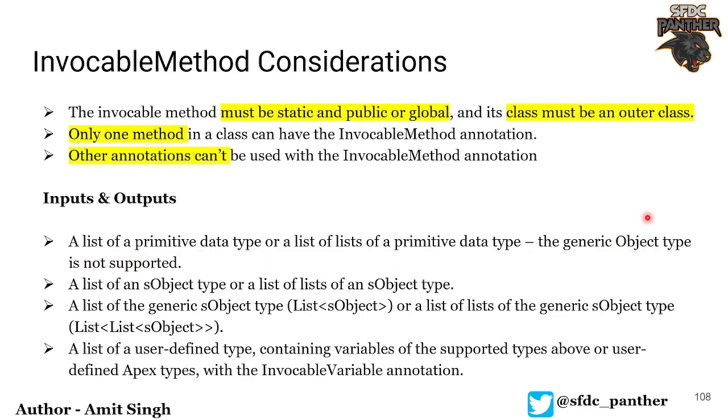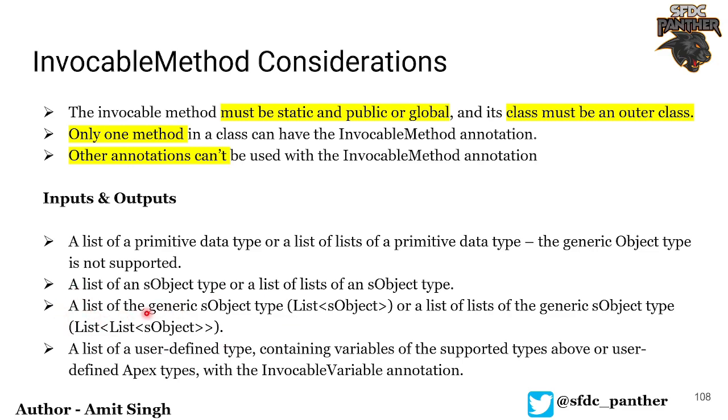When we talk about generic object, there is Object itself, so you cannot use Object as an input parameter. And then you can have a list of sObject type or list of list of sObject type. So if you have an sObject, you can accept this list of sObject, or you can accept a list of lists of sObject.